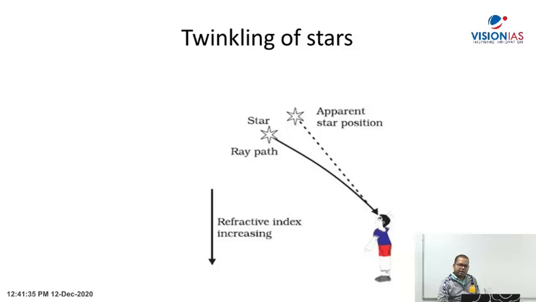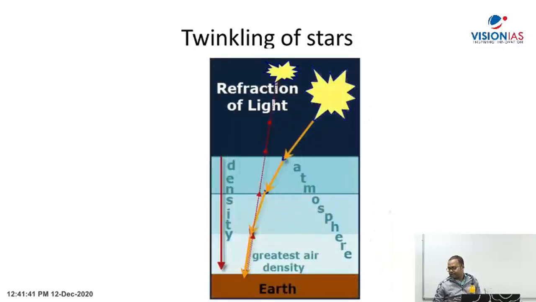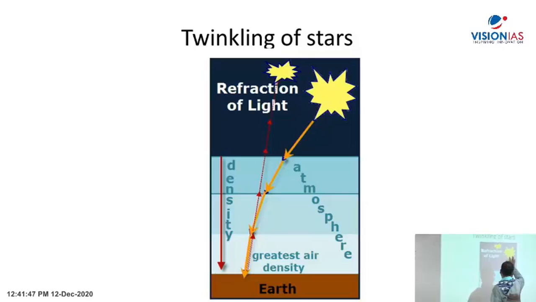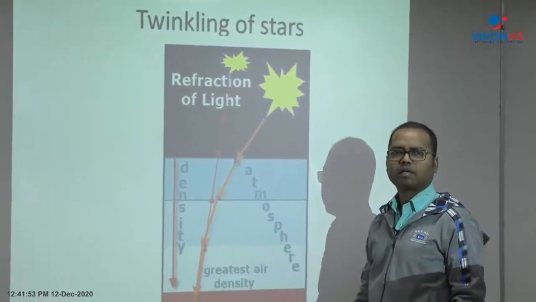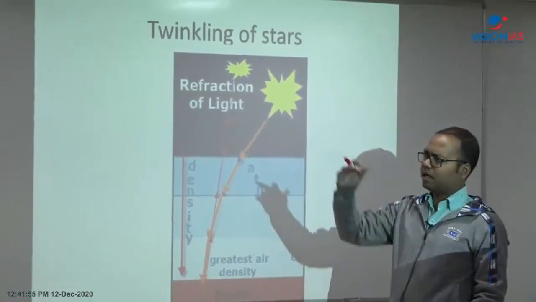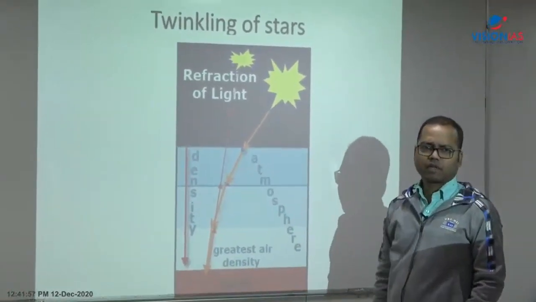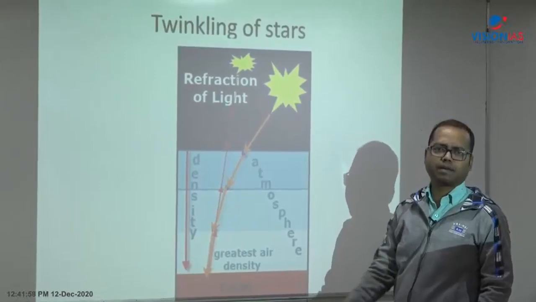Continuing with optical illusion, twinkling of star. Twinkling of star is again a kind of optical illusion. Just see this. Suppose this is a star, so rays will be coming from the star. On a tree, there were 5 to 10 air pockets.